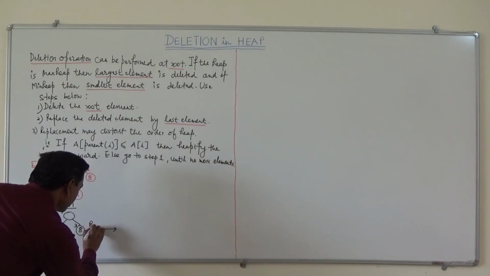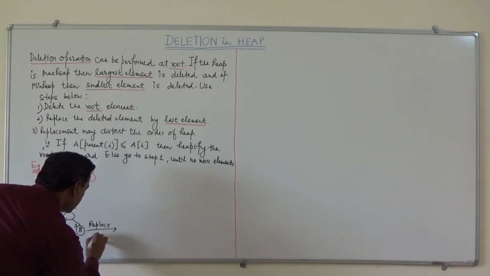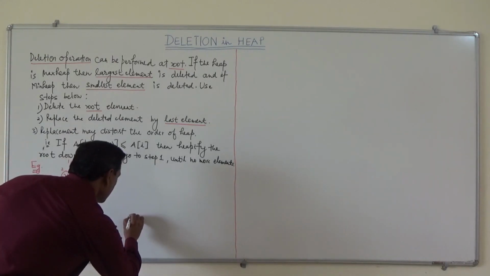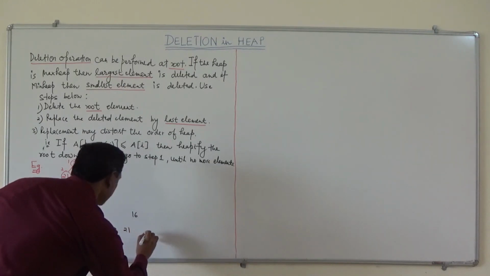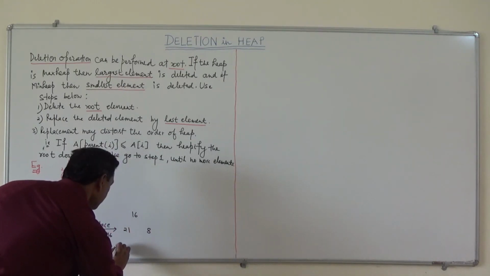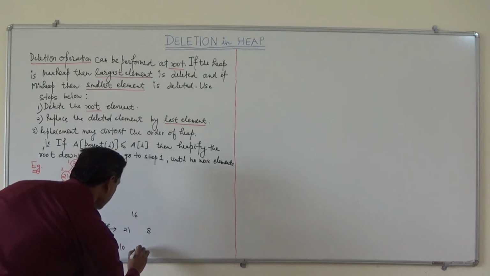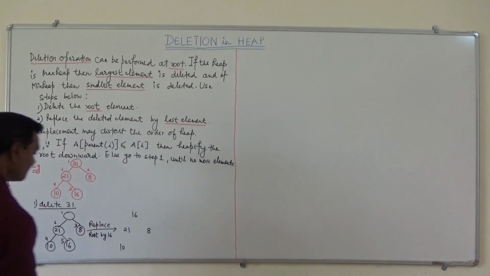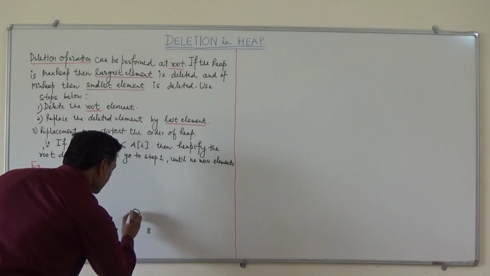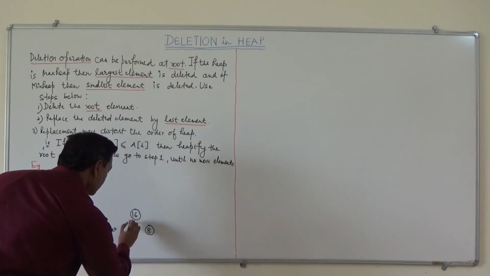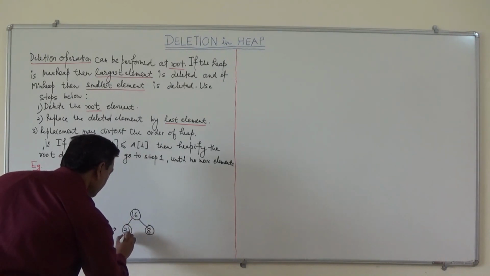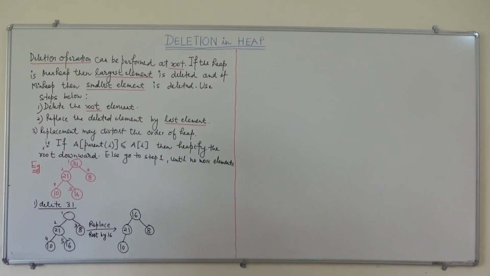So replace root by 16. So it comes out to be 16, 21, 8, 10, like this.